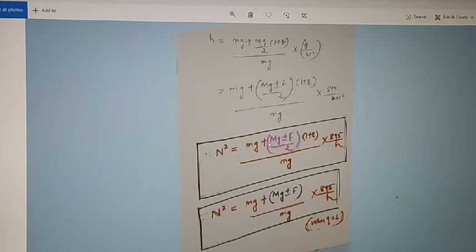So this is the final expression if frictional force is added to the central load weight: capital N square is equal to small mg plus capital Mg plus or minus F by 2 into 1 plus Q divided by small mg into 895 by h, that is, capital N square is equal to mg plus capital Mg plus or minus F divided by mg into 895 by h when Q is equal to 1.